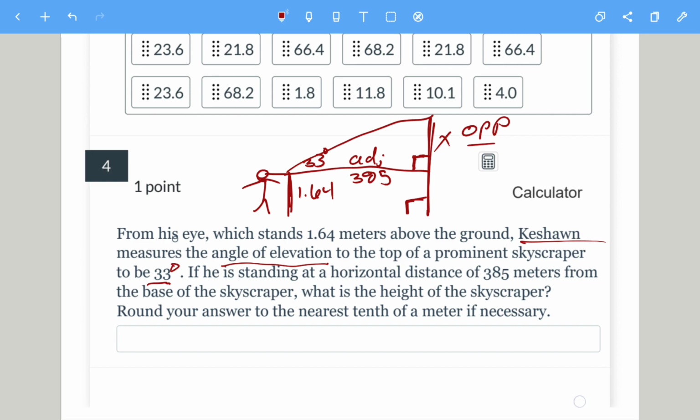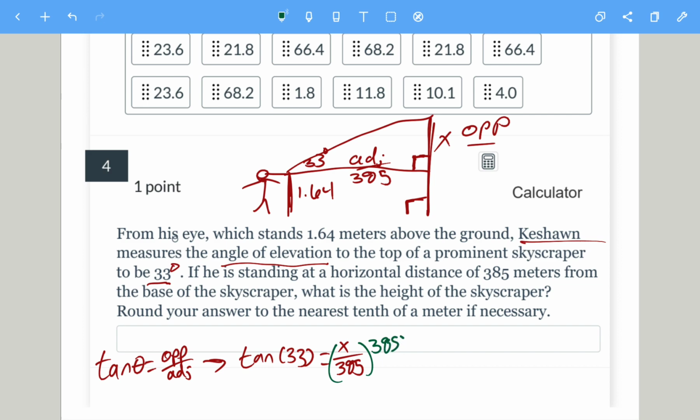But this opposite and adjacent mean we're going to use tangent, because tangent of an angle equals opposite over adjacent, which means tangent of 33 degrees equals the opposite x over 385. To get x alone, we multiply both sides by 385.